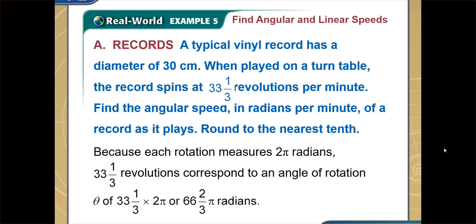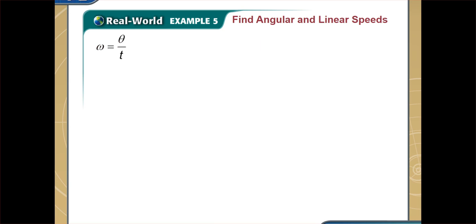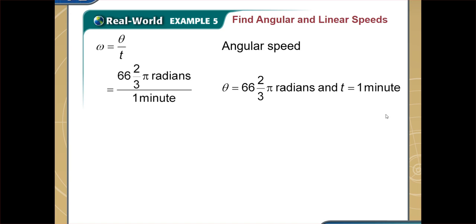Now we can find the angular speed. The formula to find the angular speed is omega equals theta divided by t. So angular speed equals the angle in radian divided by the time t. We're going to go ahead and substitute what we have.